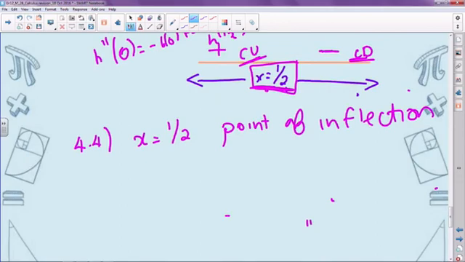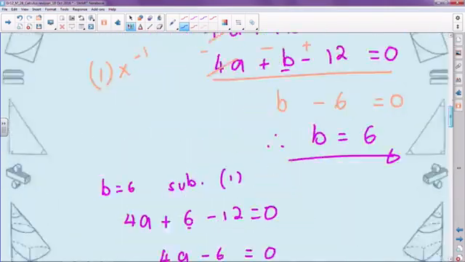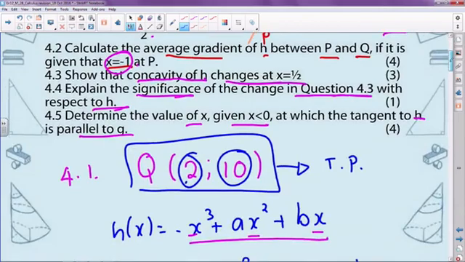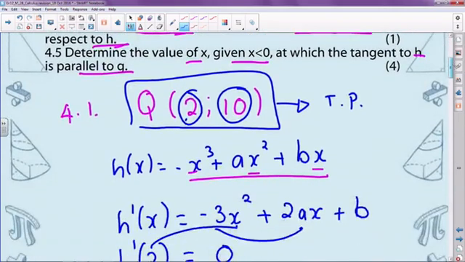So we've been given this graph G that we haven't used until now. This is what they're saying. So we've got the graph of H. They're saying you need to determine the value of x at which the tangent to H is parallel to this line G.